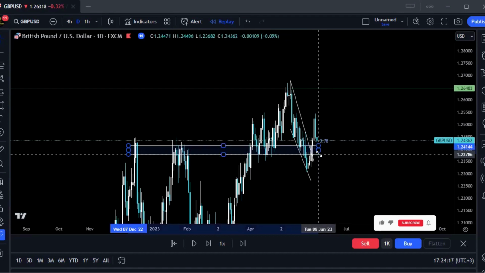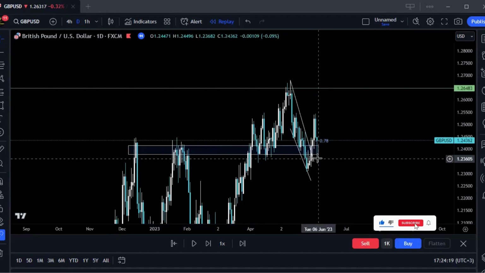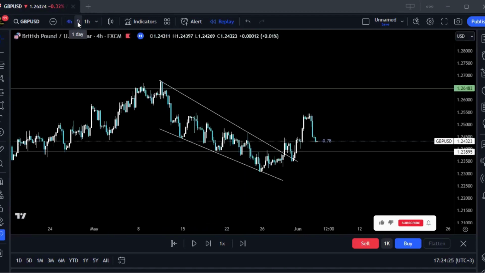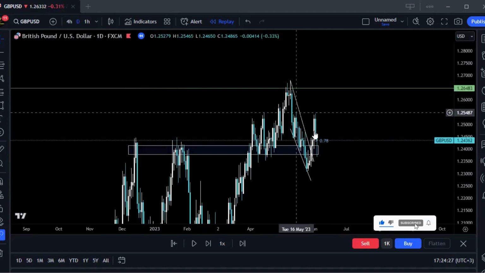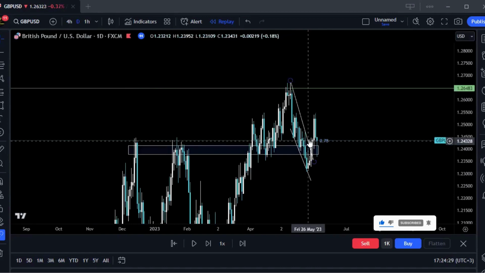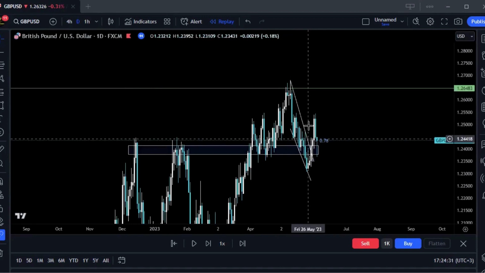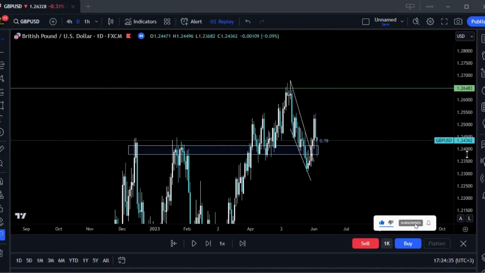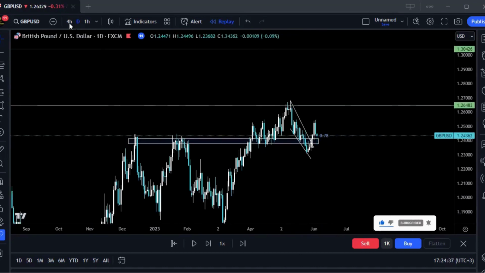Yeah. Prices reached this structure and then rejected. This bearish candle closing below the bullish candle. That's a risky move.